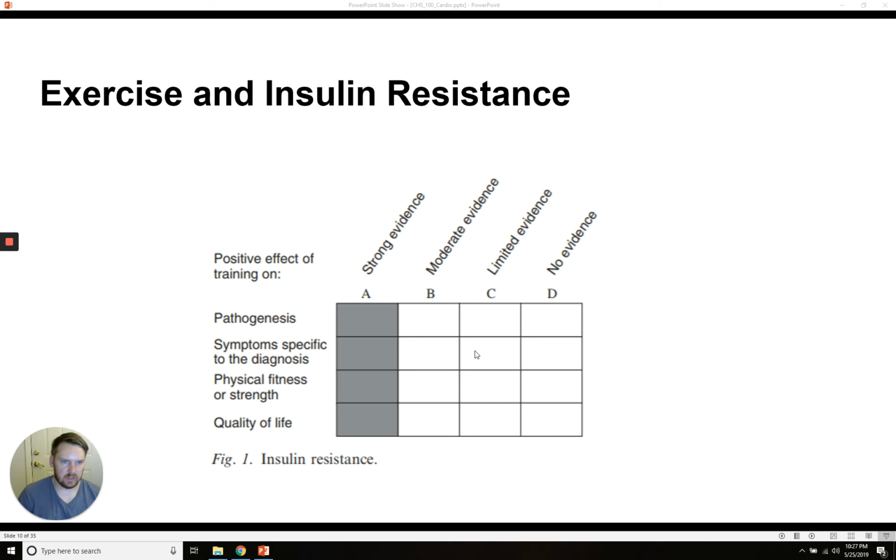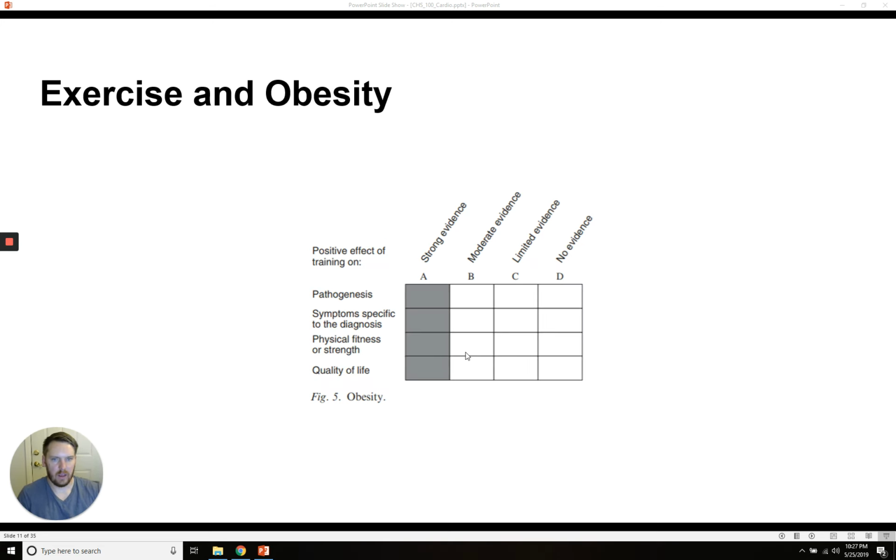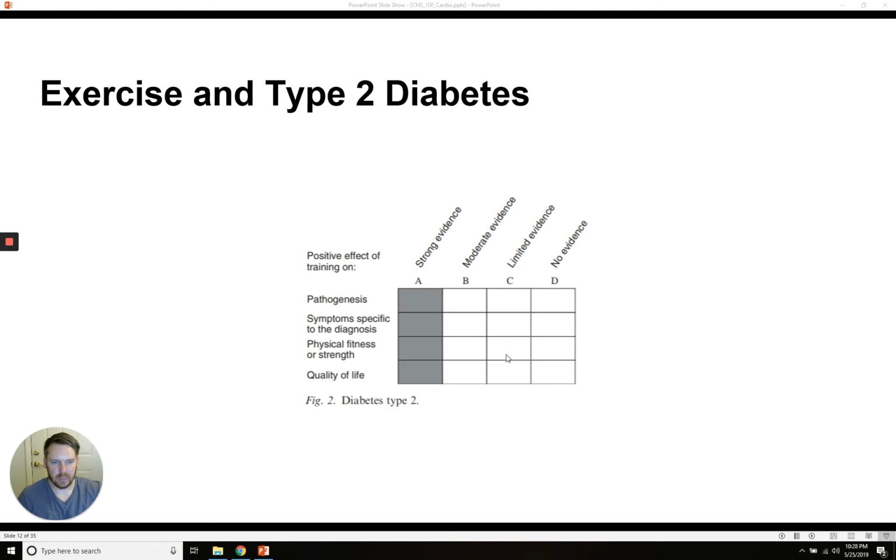So essentially, what this is saying is that exercise can prevent or treat symptoms and improve the quality of life for those with or perhaps at risk of developing insulin resistance. Very strong evidence. Looking at obesity, again, same thing. Very strong evidence across the board for obesity that it can be used similarly to medication. Type 2 diabetes, same thing. Very strong evidence across the board.